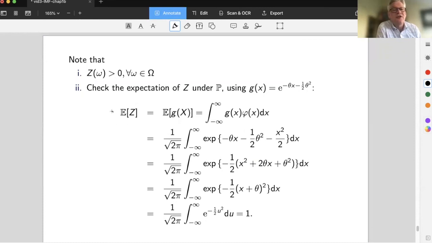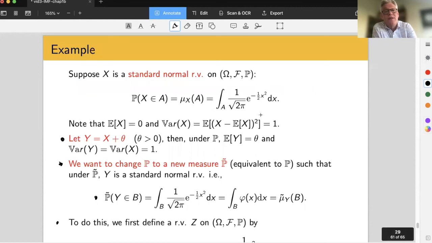So let's substitute that. Let's look at E, the expected value of Z, and that is then, in this case, the expected value of g of X. By definition, that is the integral from minus infinity to infinity of g(x) phi(x) dx. It's under P. And let's not forget our phi looks like this, right?